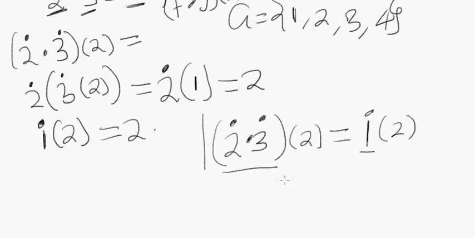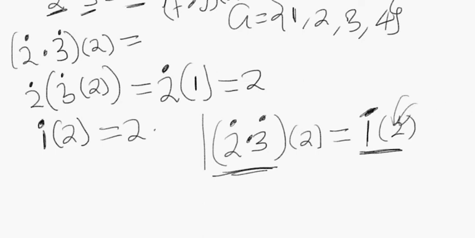And if you actually do the calculation, you'll find that this holds for every element of the group. If you apply 2 of 3 to 1, to 2, to 3, to 4, the answers will always be the same as when you apply the permutation 1 to 1, to 2, to 3, to 4.